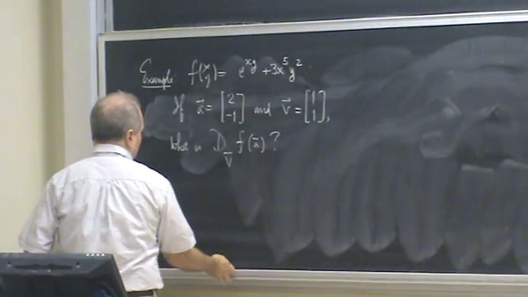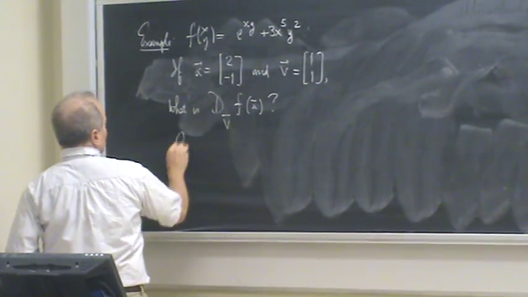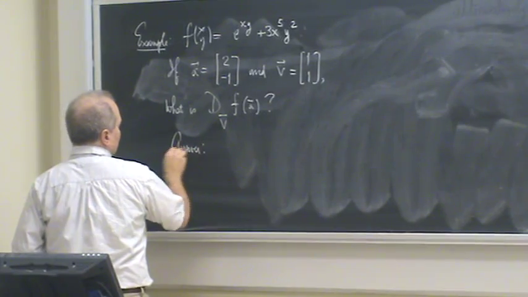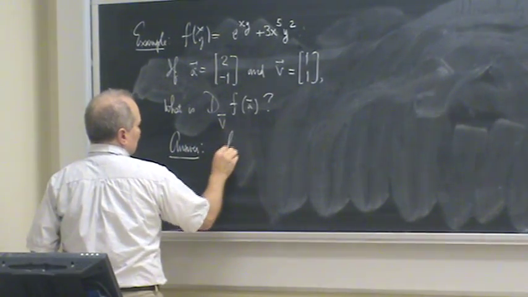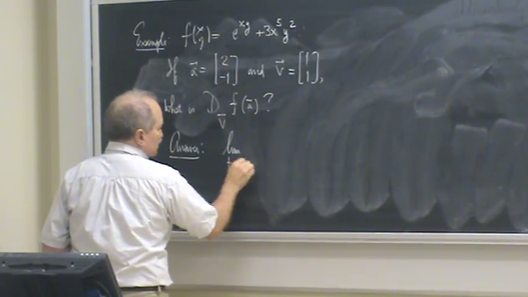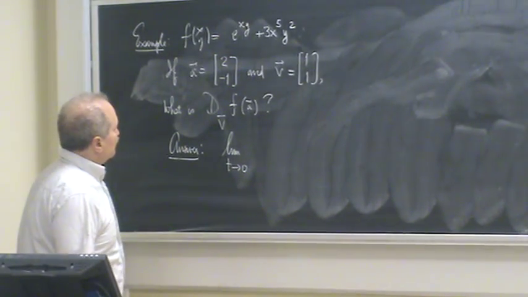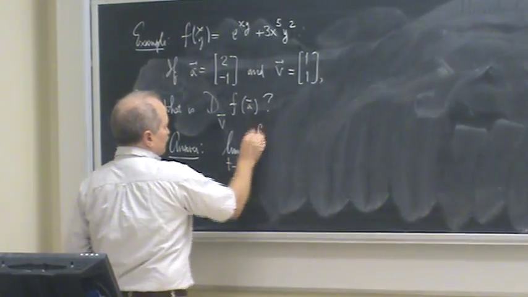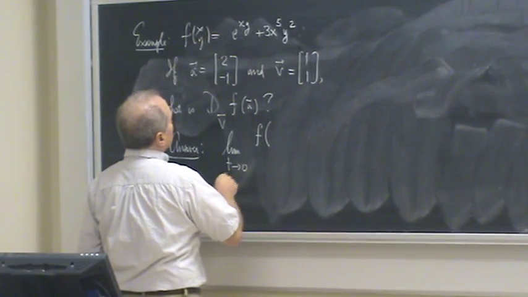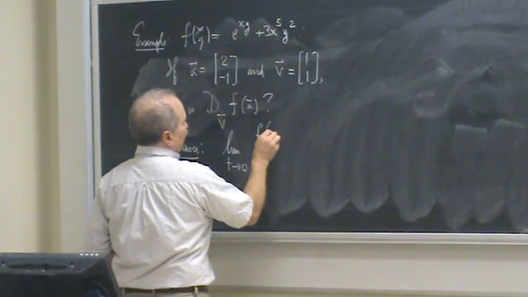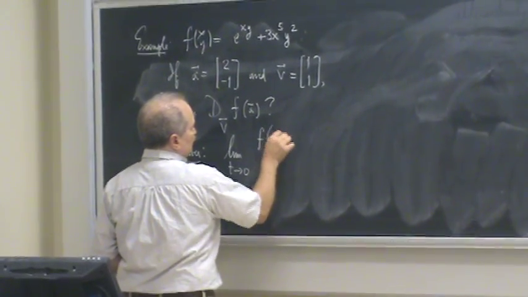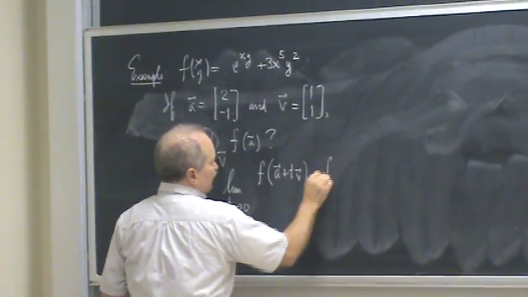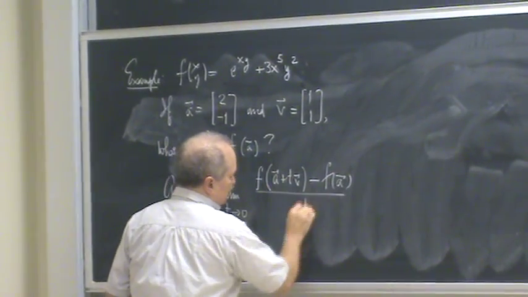Well, it's the limit as t goes to 0 of f of a plus tv minus f of a over t.